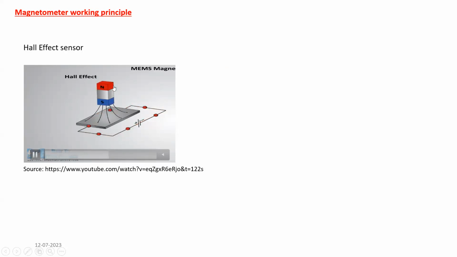Whenever the plate experiences a magnetic field, the electrons will all come and sit on one side, and the other side will form the poles. So a voltage difference will develop between them. Based upon how much magnetic field the plate is experiencing, the voltage will be proportional to that value, and it will be measured and give the value as the magnetic field.